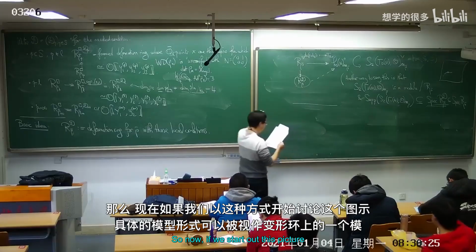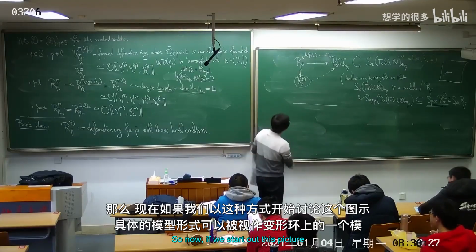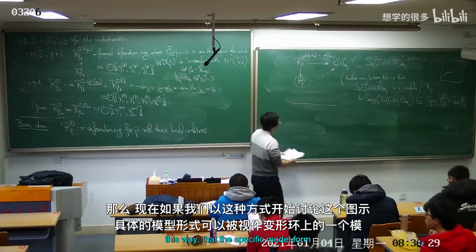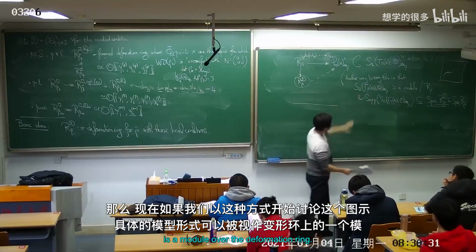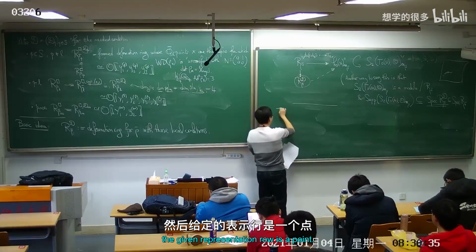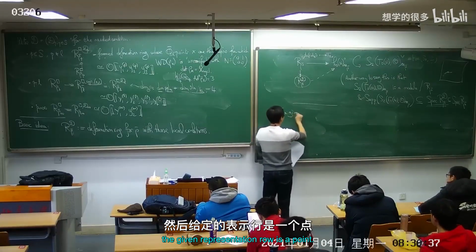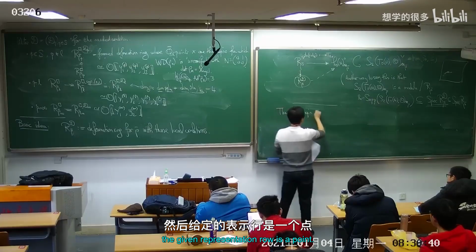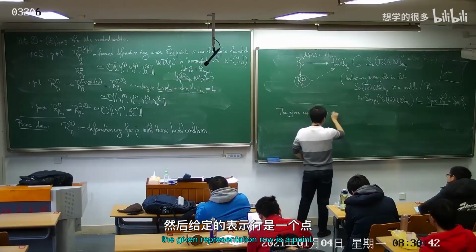So now, if we think of this picture this way, that the space of modular forms is a module over the deformation ring, then the given representation rho is a point.